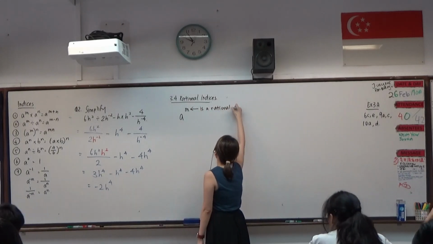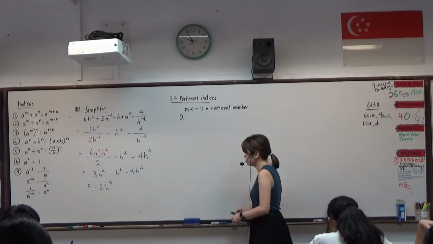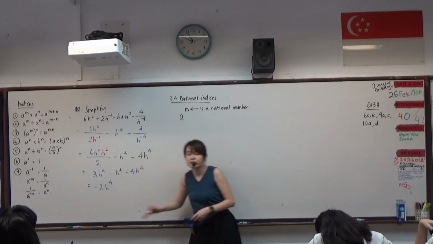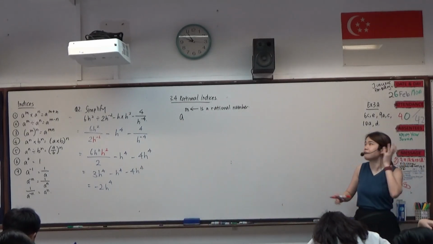What is a rational number? Does anyone remember that? Okay, a rational number is a number that can be expressed as a fraction.